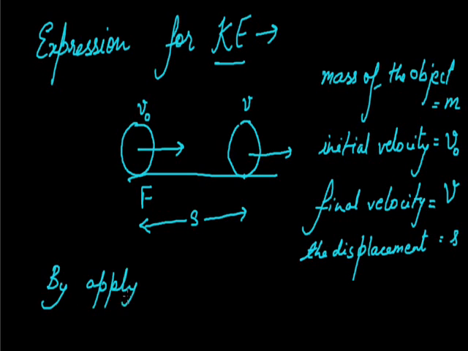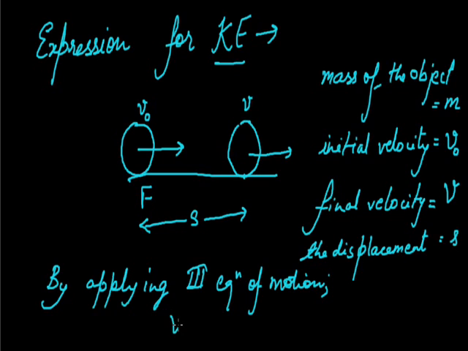then by applying the third equation of motion, which all you know, connects the final velocity with initial velocity, and the acceleration produced which makes the body displaced by the displacement s.